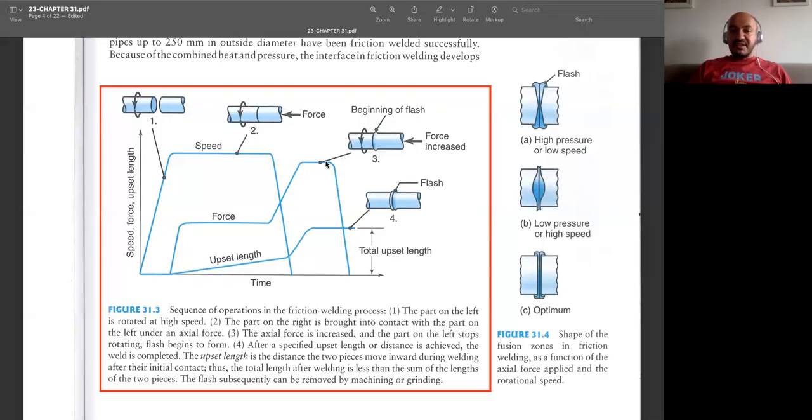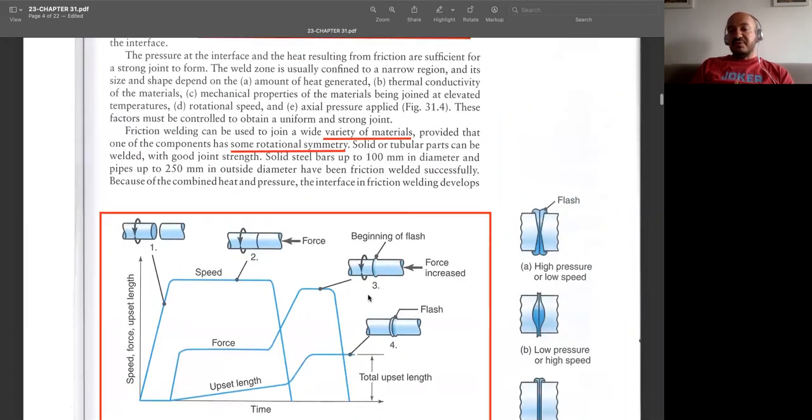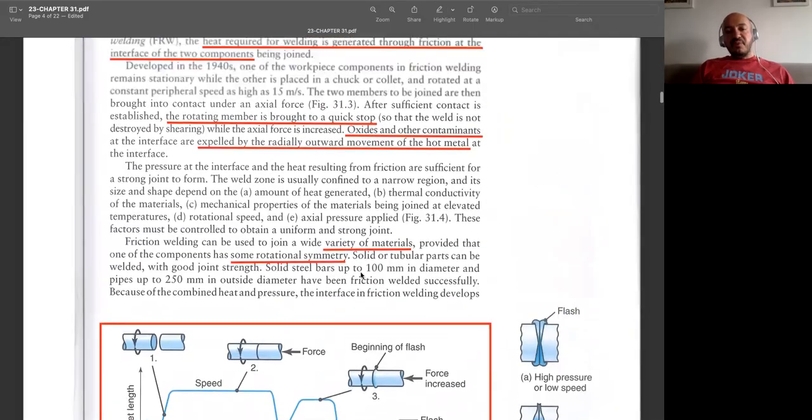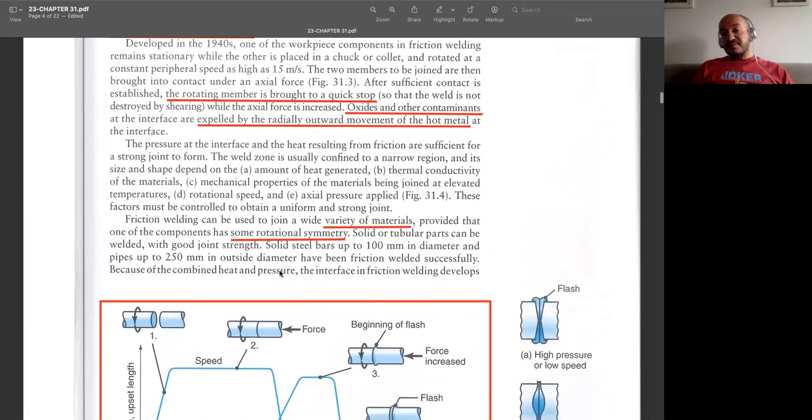We keep this pressure at a constant level for some time, and then release the force. Once it's done, you can go with some extra machining operations and have your welds finished. And we mostly use this for rotational, axisymmetrical parts.